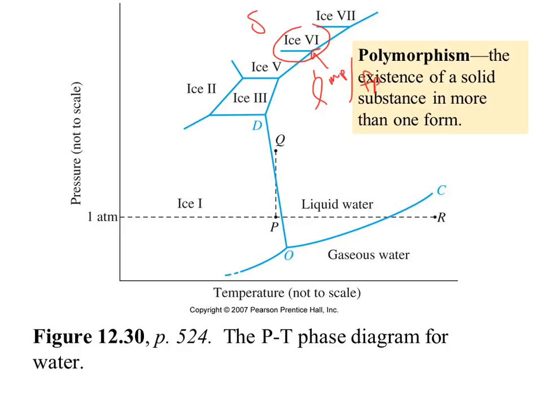Check that out. It's just weird. Basically, it transitions from a solid to a liquid and liquid to a solid at a different temperature than normal. This would be 1 atmosphere. This right here is the normal freezing point, or freezing point of normal water.